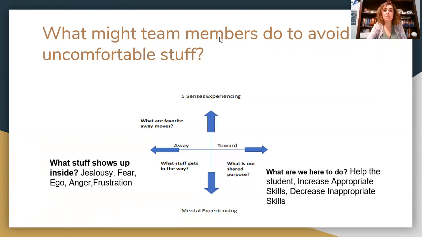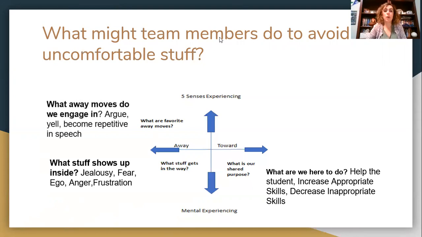However, sometimes team members quickly spiral and they begin to engage in behaviors that are avoiding these feelings. And sometimes those away moves that we engage in can become quite disruptive to our team building. And we begin to argue with one another.